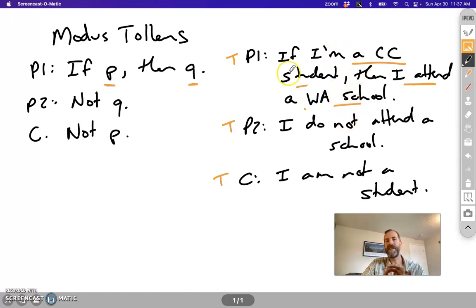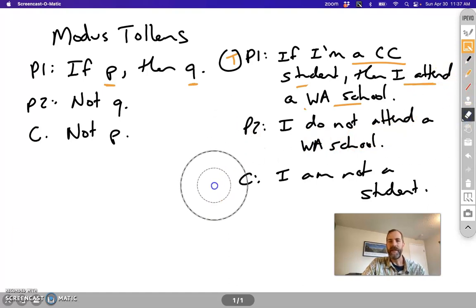That checks out as true because being a Clark College student is sufficient for attending a Washington school, and attending a Washington school is necessary for being a Clark College student. Then premise 2, I do not attend a Washington school. I'm just going to erase these truth values for now. And then the conclusion would be, I am not a Clark College student.